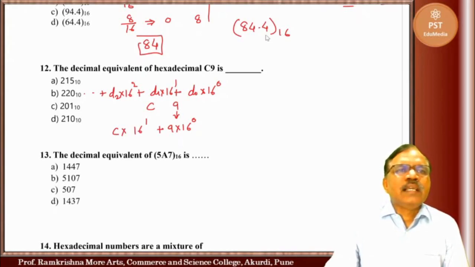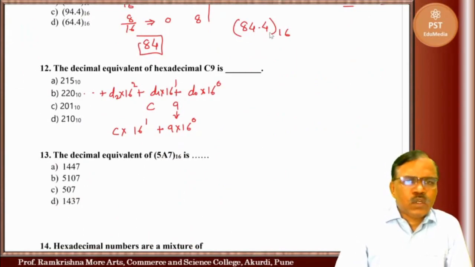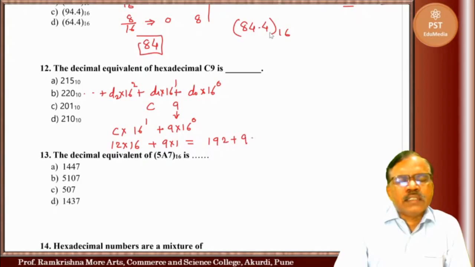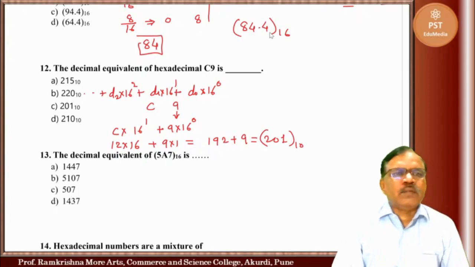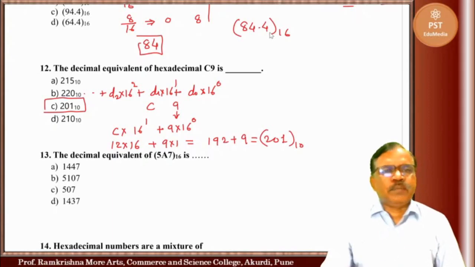C is 12, so we get 12 into 16 plus 9 into 1. 12 into 16 is 192, plus 9 is 201 in decimal.